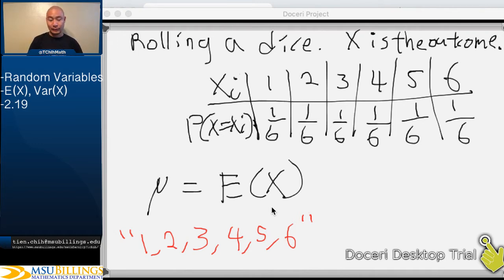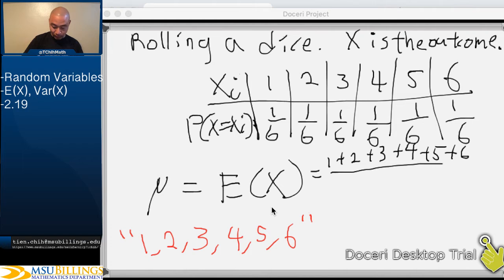And so one way we would like to think about that is maybe as just that computation: 1 plus 2 plus 3 plus 4 plus 5 plus 6, all over 6, right? That's how we would do it if it was a data set.